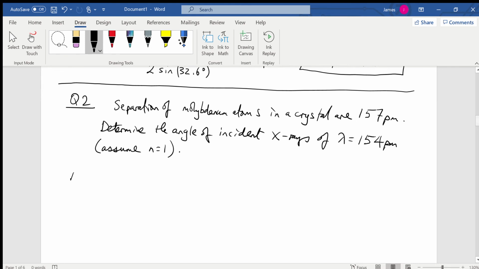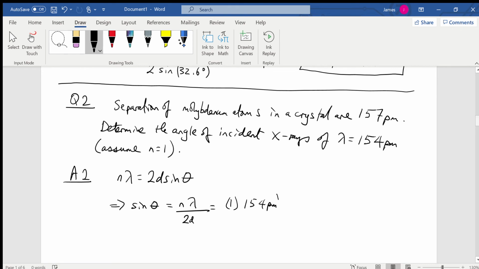So the answer to this question, answer 2. Okay, again we know it's Bragg's law. It's got all the hallmarks of Bragg's law: 2d sine theta. Here I need the angle, so I'm going to isolate sine theta. So I've got sine theta is n lambda over 2d, which is 1 lot of 154 picometer divided by 2 times d, which I'm told is 157 picometer.